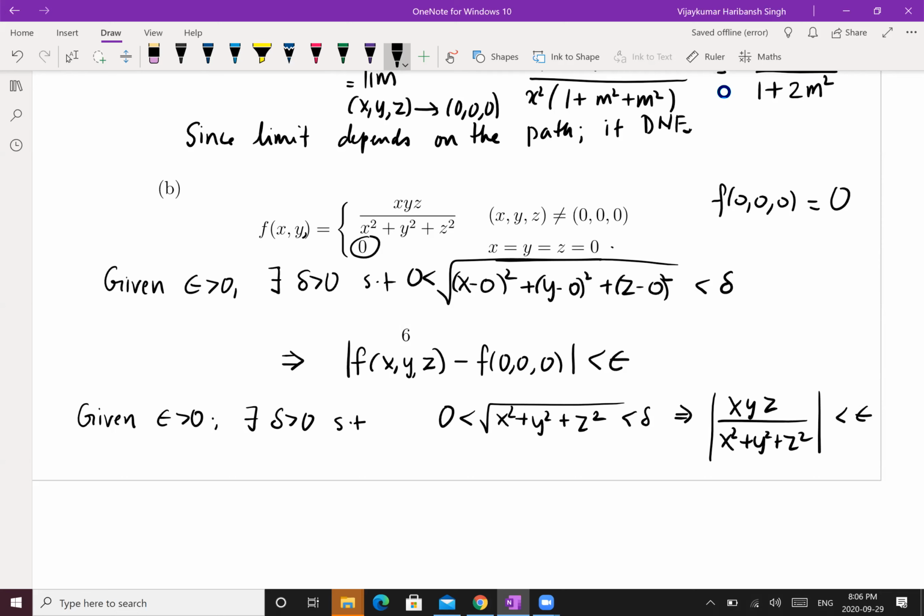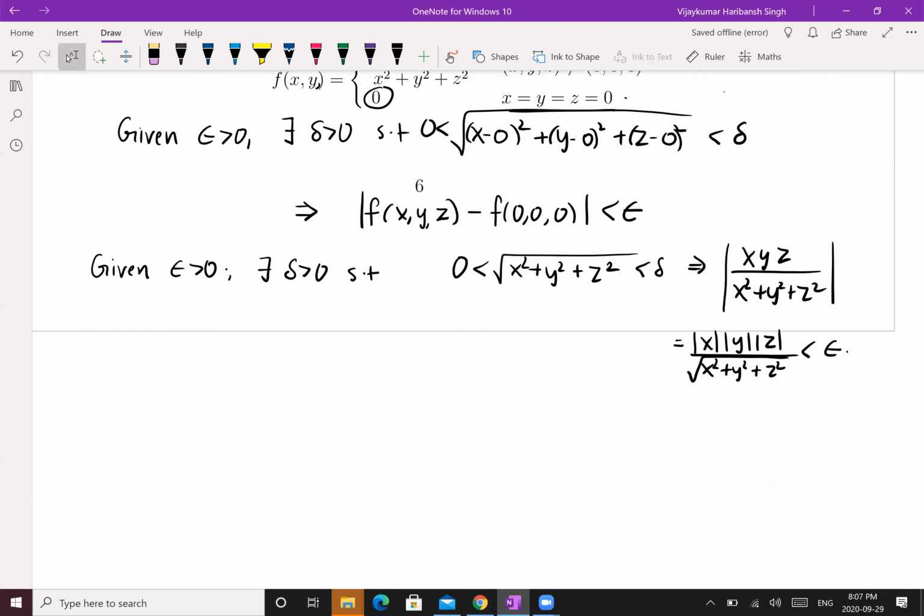This is the same as the absolute value of x, absolute value of y, absolute value of z on x square plus y square plus z square being less than epsilon. So this is what we want to show. I'm using a definition in this case. Question: can we use the squeeze theorem? That is something you can think about.